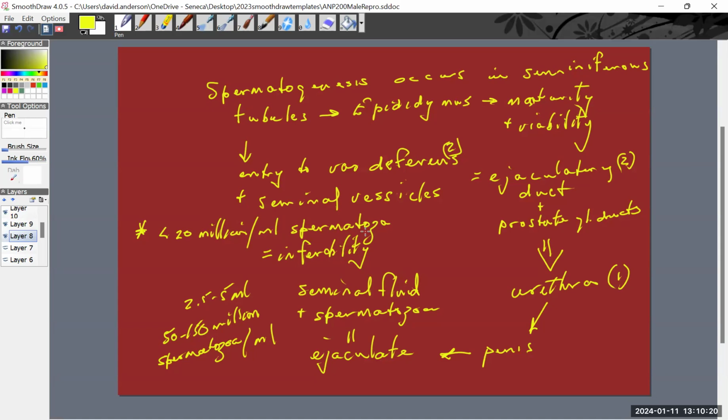If we don't really start with hundreds of millions of spermatozoa, the chances of fertilization, at least from the male side of things, is going to be pretty remote. So, we'll reinforce that when we talk a little bit more about fertilization. So you can begin to appreciate the numbers that are required for this process.